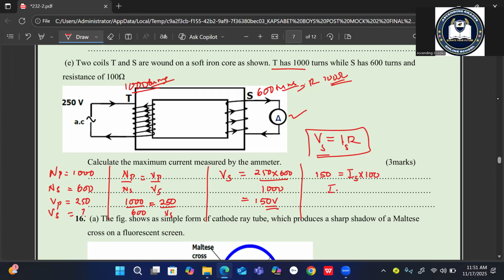So my IS is given by 150 divided by 100. You arrive at 1.5 amperes. That will be the current through the secondary coil.